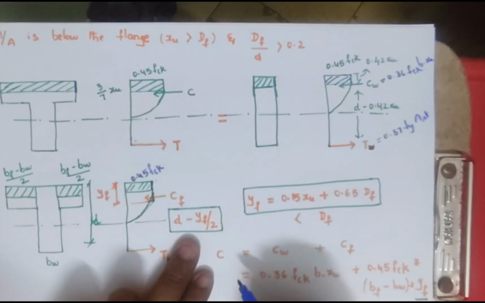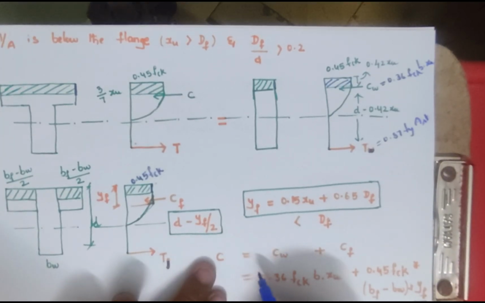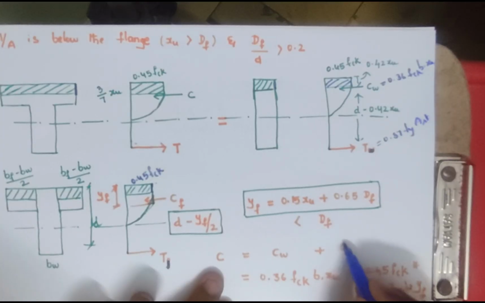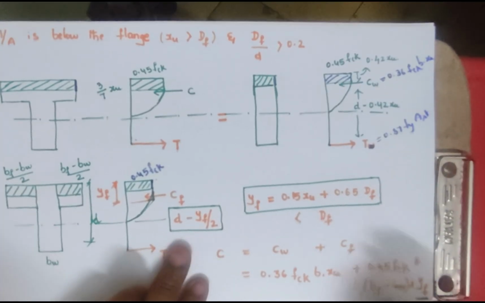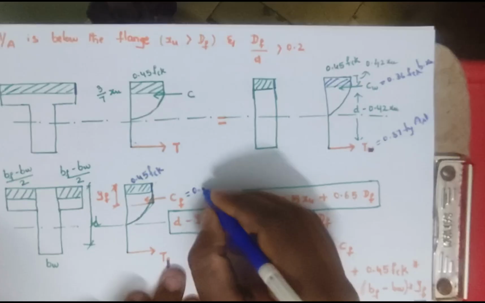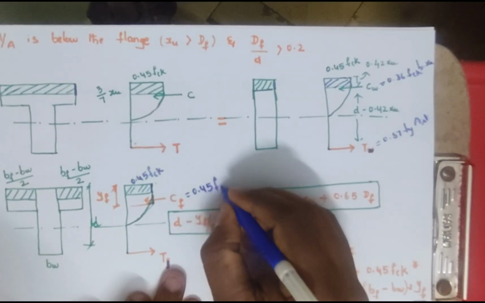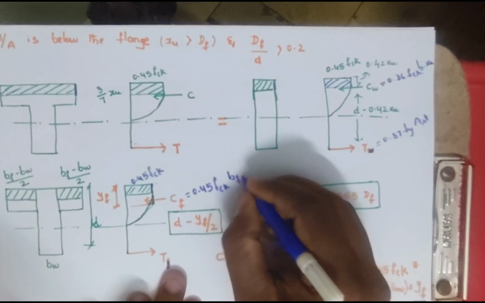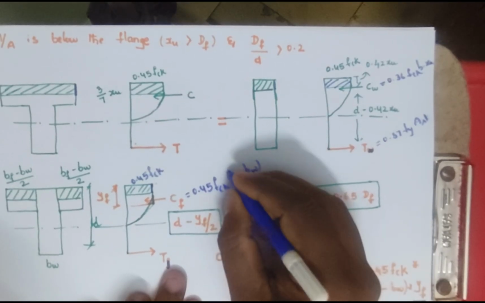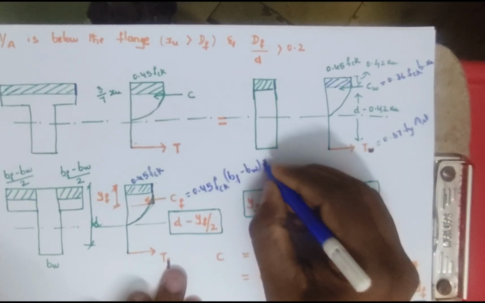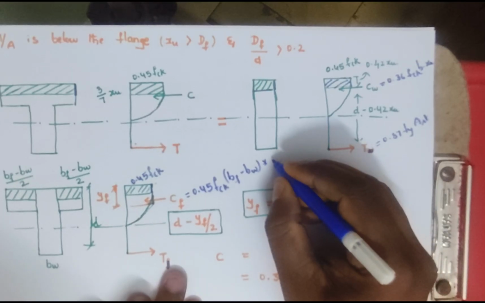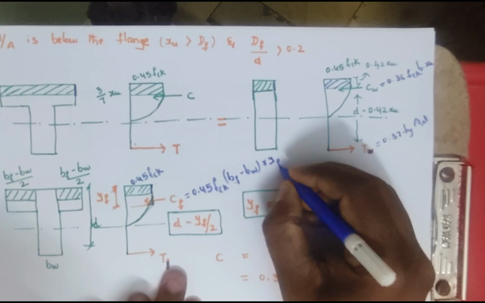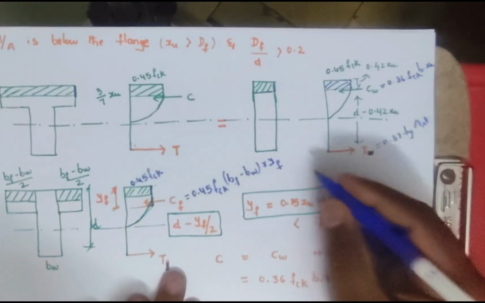The remaining equations are the same. The compressive force of the flange will be 0.45 fck multiplied by the breadth of the flange minus the breadth of the web, multiplied by, here we need to write Df, but here we are writing yf. yf means this one, right?